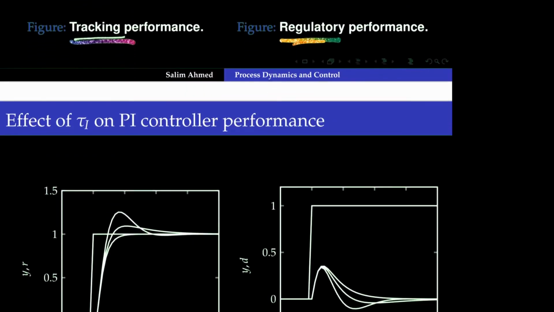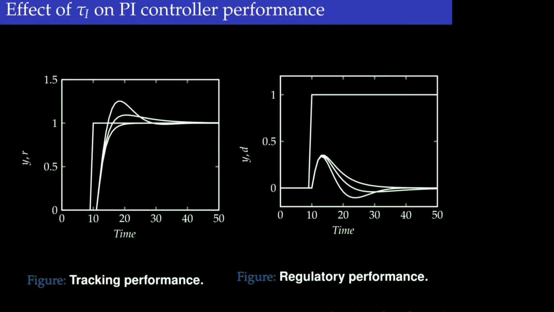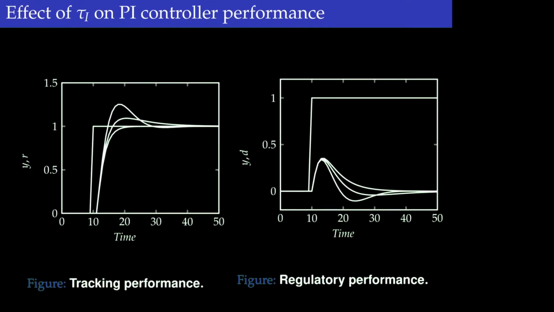Now, if you look at the other parameter, which is the integral time or the reset time, we see that again, for both the tracking and the regulatory performance, there are three responses here. And we have discussed that integral control may introduce oscillation in the process.